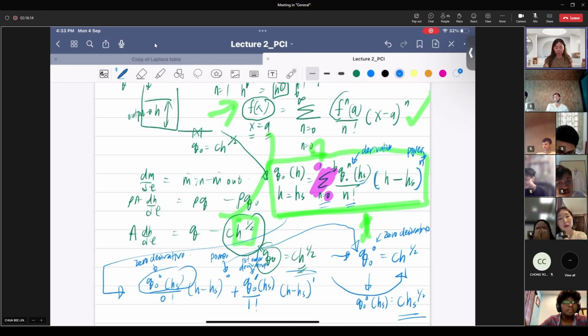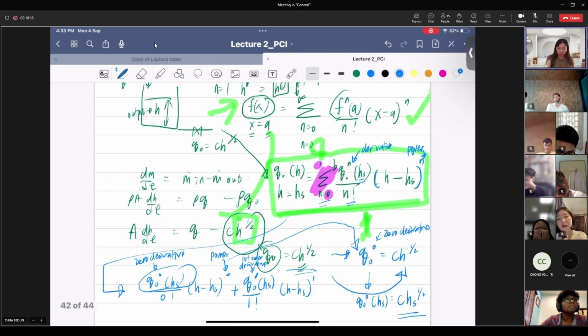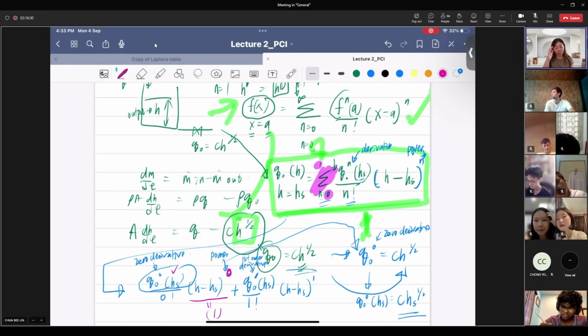It's simple math. So you already solved this, where I put a tick there. So (h minus h_s) power n, power 0 will give you the answer of 1, since anything power 0 will give you 1. So this one will remain as h_s, so h minus h_s solved.